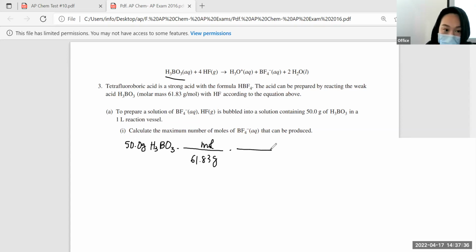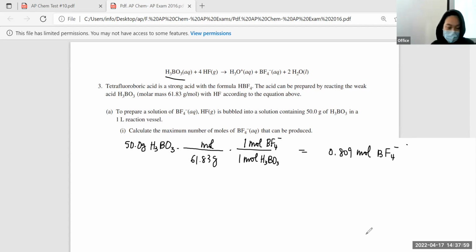And for every 1 mole of H3BO3, I can make 1 mole of BF4 minus. Right, so I get 0.809 moles of BF4 minus. The end. Right. 1 point.